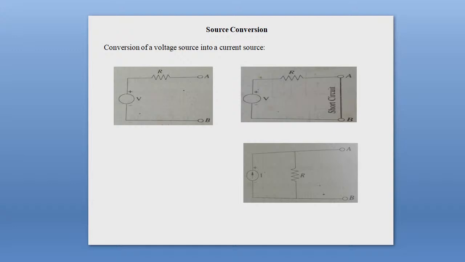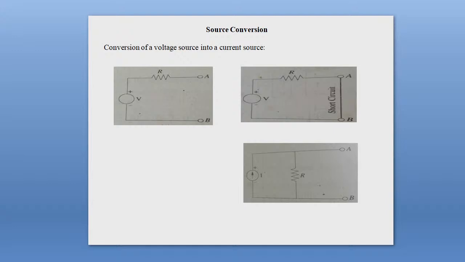So you know the supply voltage is V and series resistance R, therefore the current which will flow through this short path AB will be equal to V by R. According to Ohm's law, the current which is flowing through the short across the AB terminal is equal to V divided by R. So therefore the current I equals V by R.